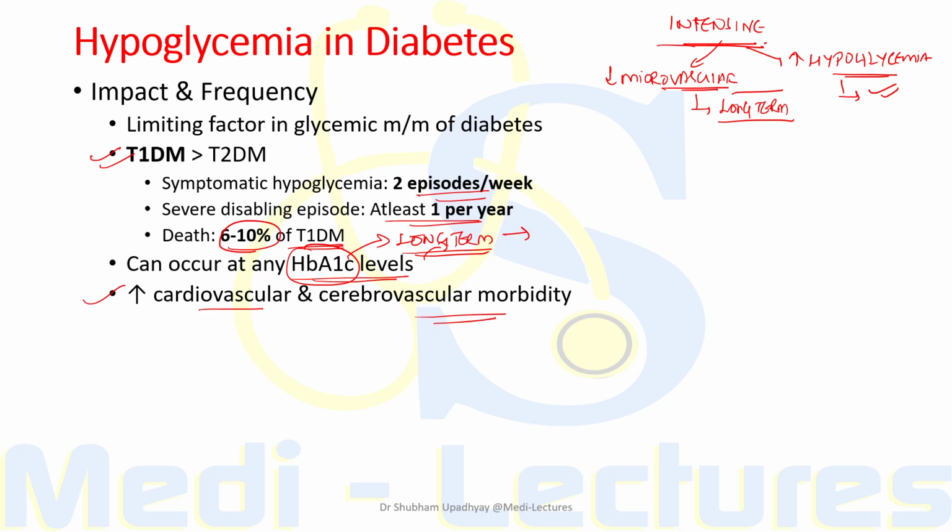Now, what all drugs which are used in diabetes are implicated in hypoglycemia? So, very simple, insulin and insulin secretagogues are the ones which can lead to hypoglycemia.